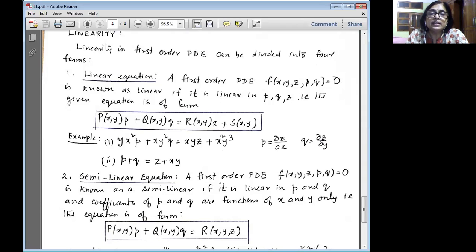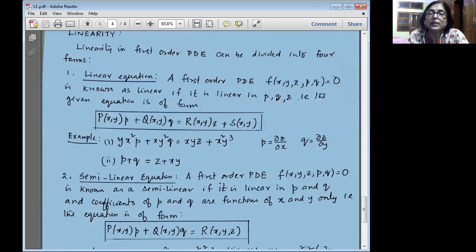It is known as linear if it is linear in p, q, and z. So in the equation, the degree of p, the degree of q, and the degree of z have to be equal to 1. That means the power of p, q, and z has to be equal to 1. Okay, and this is in the form like this.